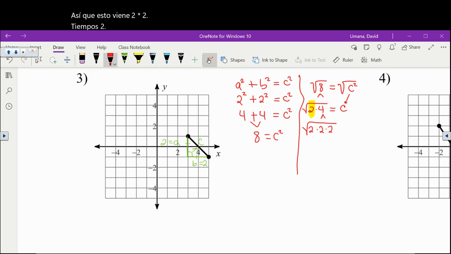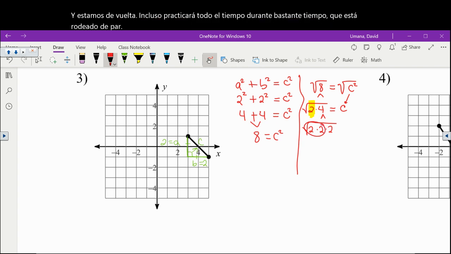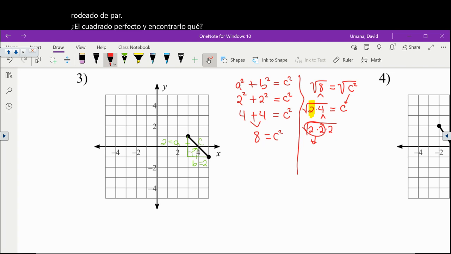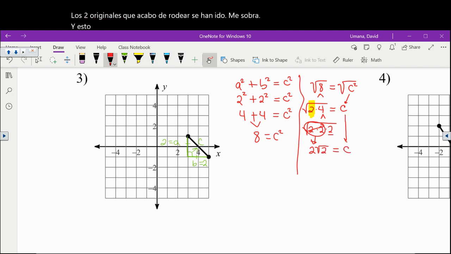And we're right back at what we've been practicing all along for quite a while now, which is circle the pair, the perfect square, and find its what? What's the word I've been using? Base. So find its base. So here's my base. The original 2 that I just circled are gone. I have a leftover. And this is exactly the value of C.